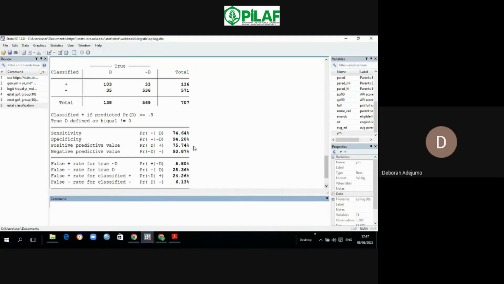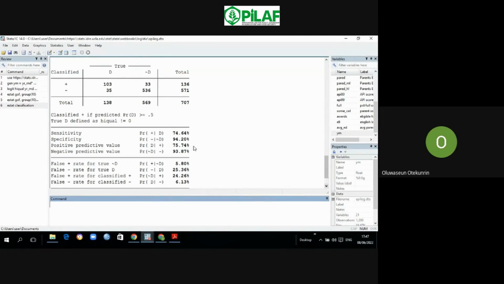The positive predictive value is the proportion we are trying to interpret now. The proportion of schools with positive classifications that are correctly classified. We are going row-wise. The classification for positive: you have 103 in cell A, 33 in cell B. Those are the positive classifications that we have.